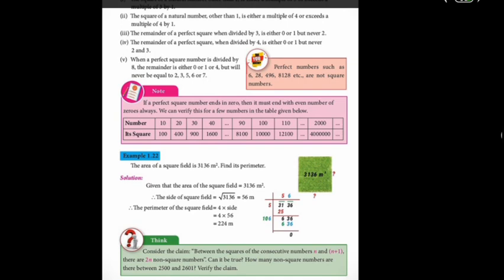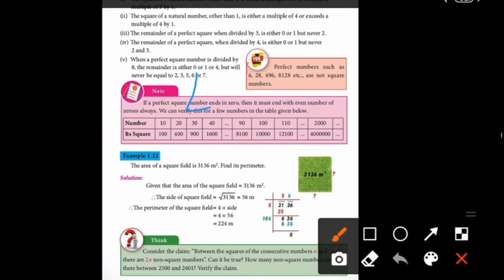The remainder of a perfect square when divided by 3: 4 is a perfect square number. Divided by 3, 3 1s are 3, we get remainder 1. It is either 0 or 1, never 2. Here the remainder is always 1, not 2, and so on.